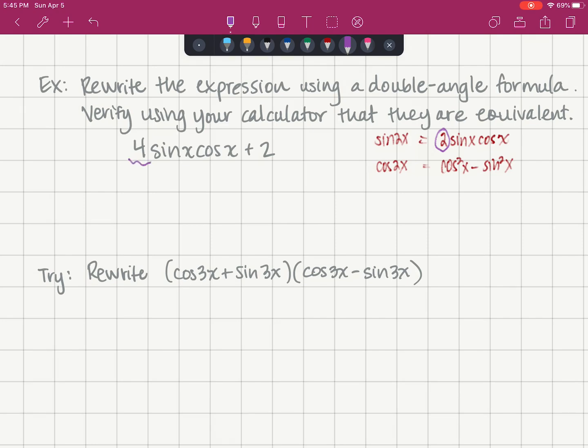However, this number needs to be a 2. So I'm going to rewrite my 4 as 2 times 2. So I've got 2 times 2 times the sine of x times the cosine of x plus 2. I have two terms.